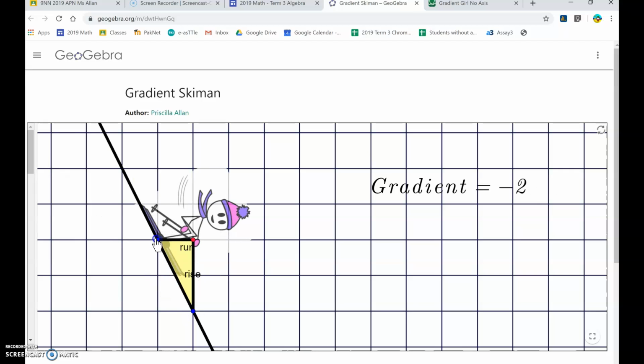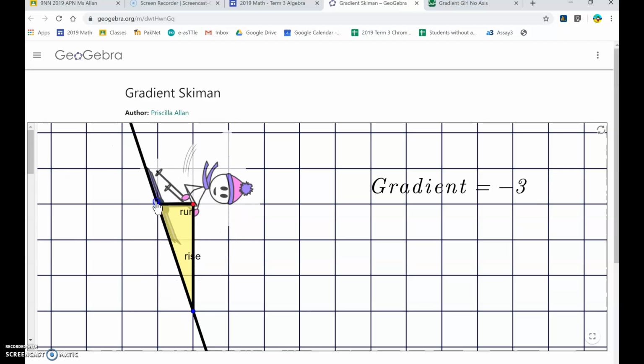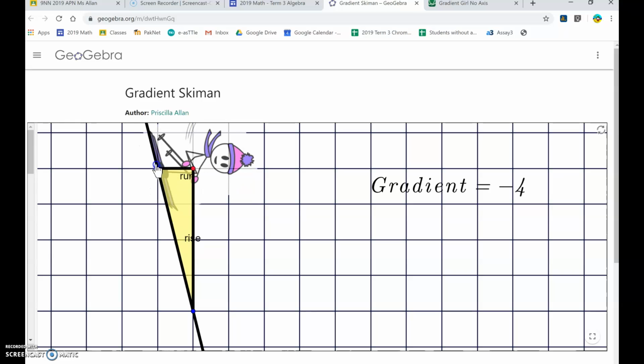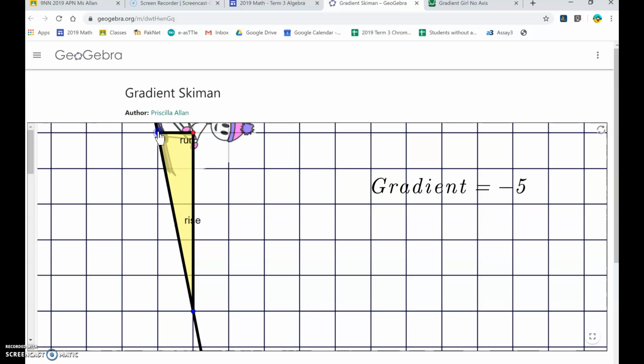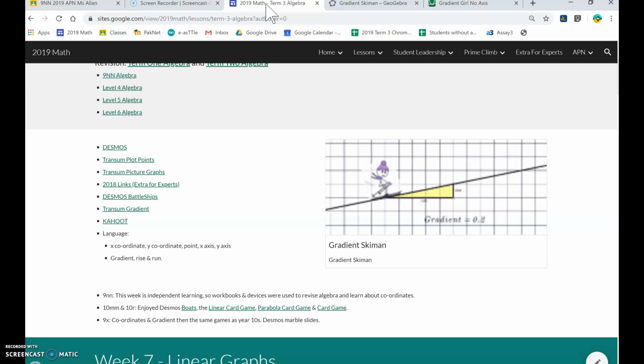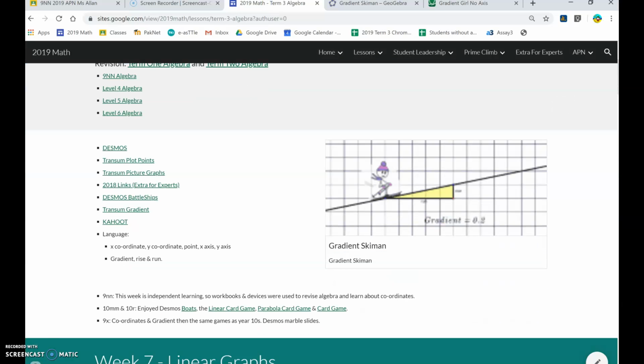Then we have negative 2, negative 3, negative 4, and negative 5. The negative 6, I'd have to go like that. So that app, GeoGebra, that's what's in my Google thing right at the beginning.